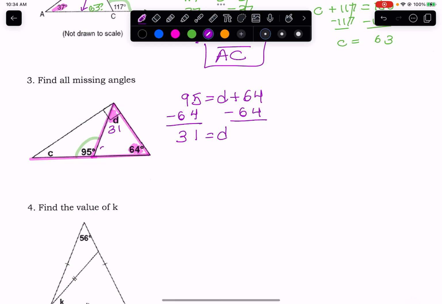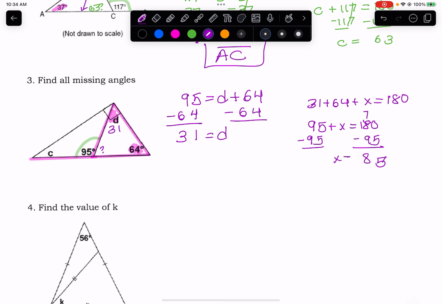Now I can solve for this missing angle because 31 plus 64 plus X equals 180, because it's a triangle. So that is 95 plus X equals 180, minus 95 minus 95.